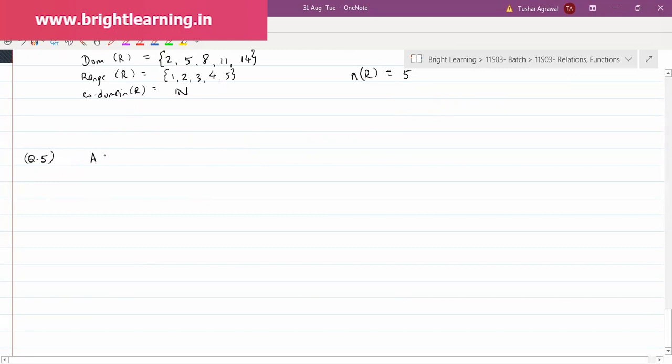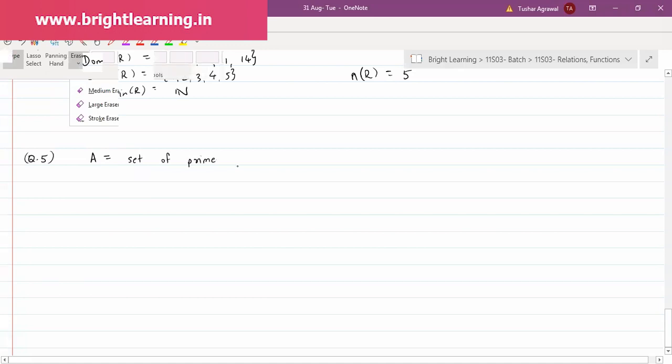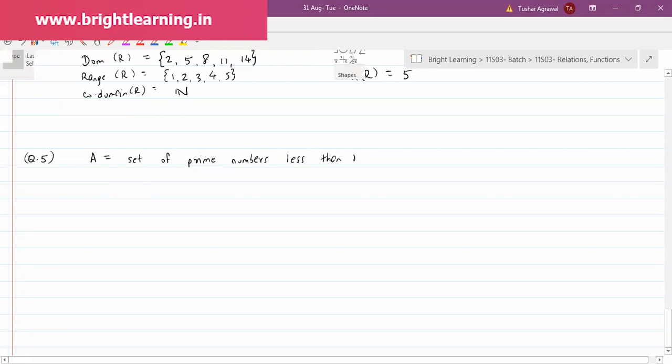Let's say A is equal to the set of prime numbers less than 10 and B is equal to the set of natural numbers.